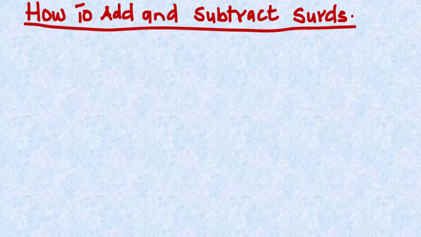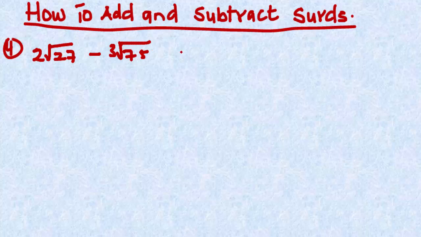So example 4, we have to simplify 2 root 27 minus 3 root 75 plus 2 root 147. Okay, so let's do this quickly.